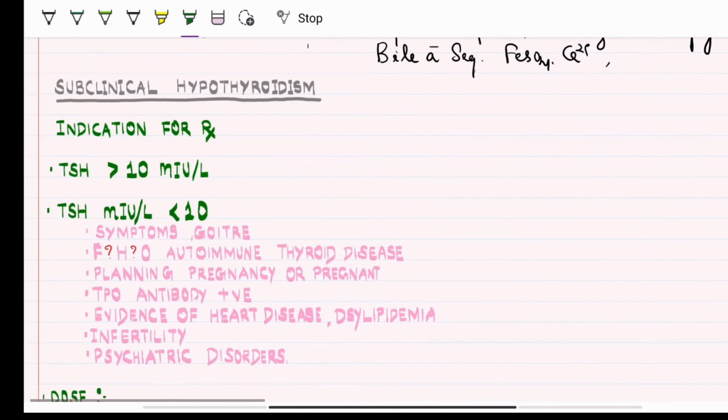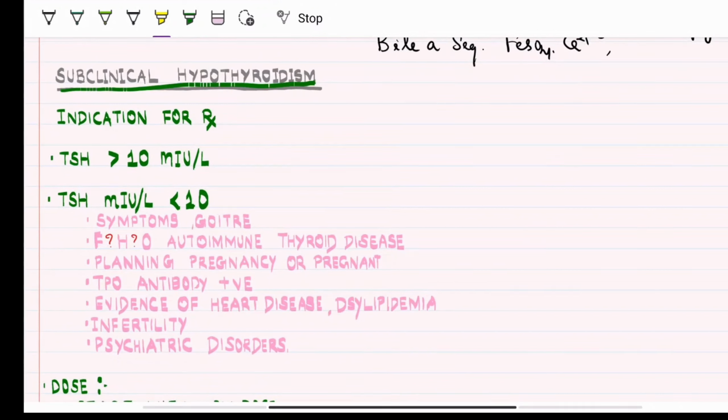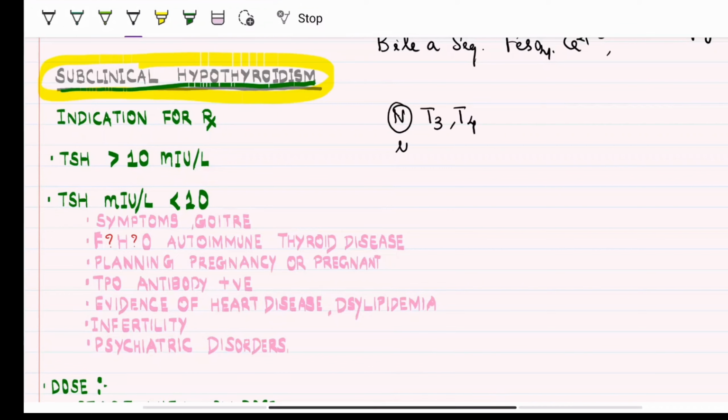So we encounter some cases like subclinical hypothyroidism, where there will be normal T3 and T4 levels and an increased TSH level. That is why we always ask the patient to check the TSH, because mostly we are seeing many subclinical cases. If the TSH is more than 10, treatment is required.